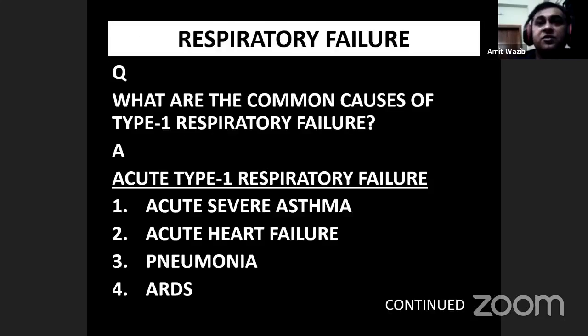So what are the common causes of type 1 respiratory failure? The common causes can again be described as acute and chronic. Acute type 1 respiratory failure occurs commonly in acute severe asthma and acute heart failure. So these two are the most common causes. It can also occur in pneumonia and ARDS. But if you just tell acute severe asthma, acute heart failure, pneumonia, that's fine for the final cause.